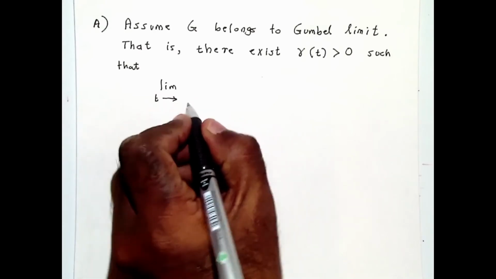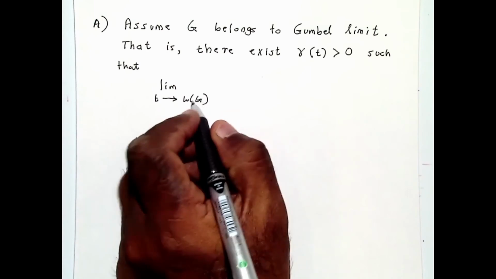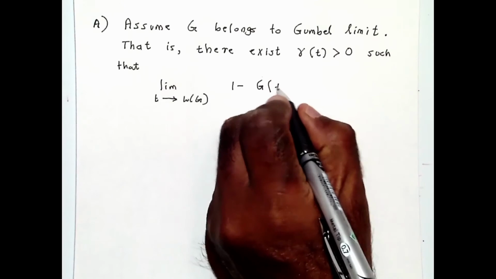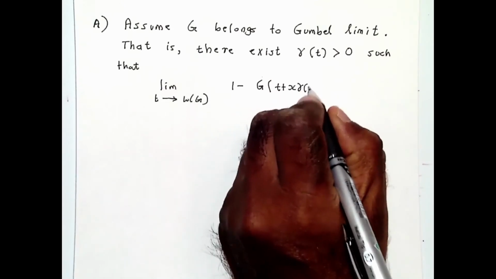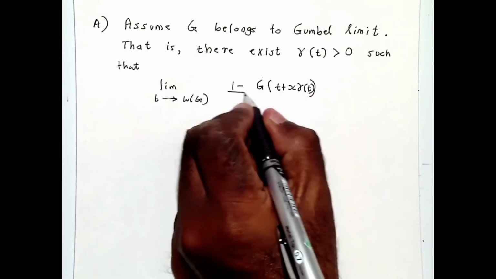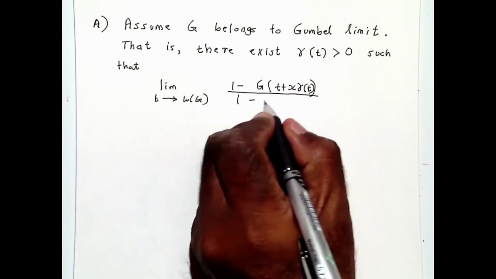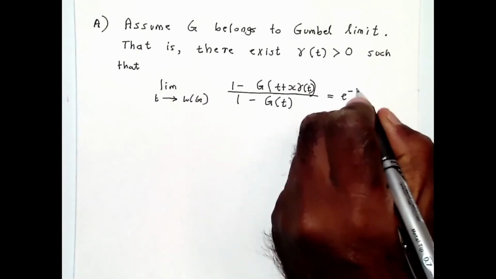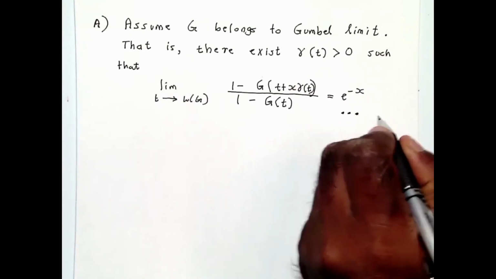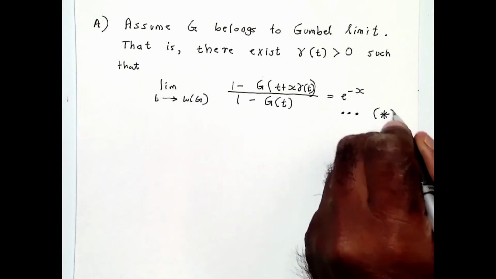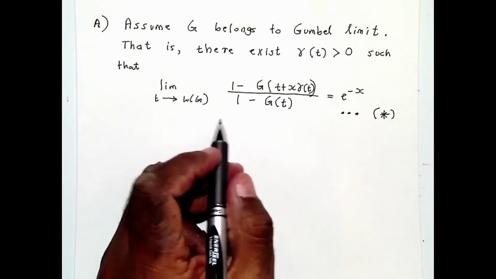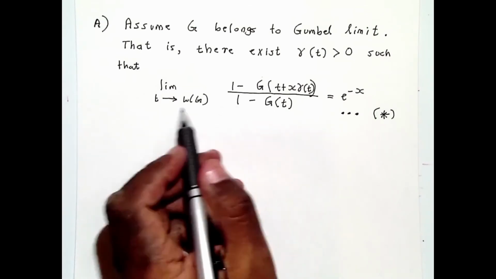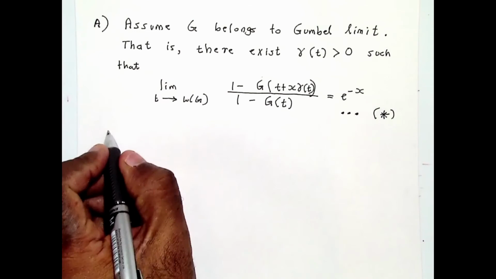So this is basically condition 1, which I mentioned to you earlier. All right. Now for later use, let me call this star. All right. So I need to show that this condition holds true if G is replaced by F, right?